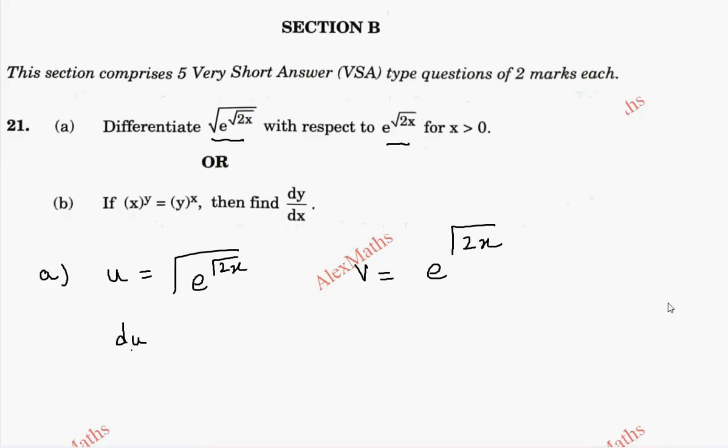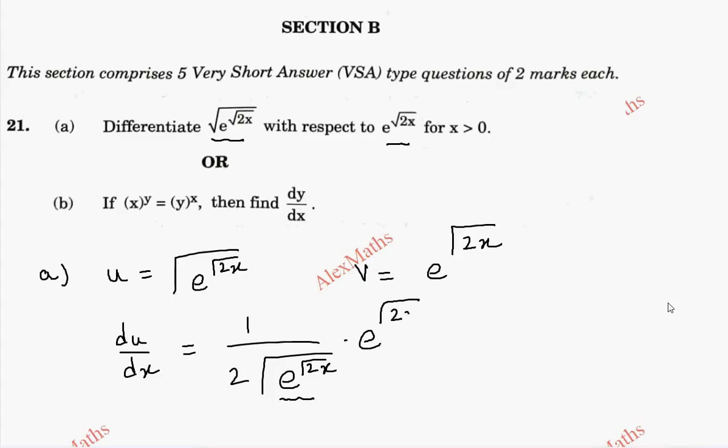Now du by dx will be 1 by 2 root of e power root 2x. Then again, differentiation of e power is e power, the whole thing will come as it is, then into this power we have to differentiate again.